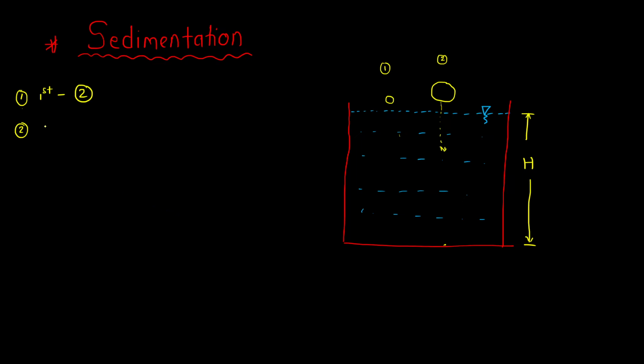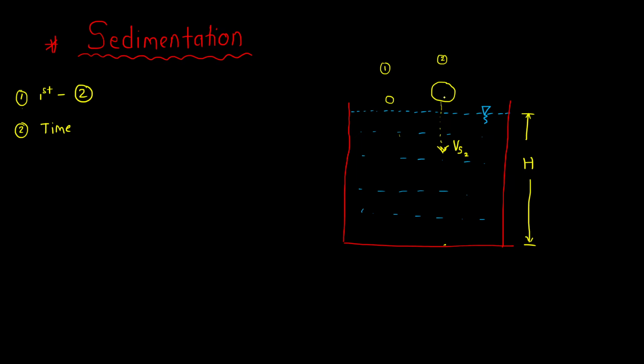Now can we calculate the time? Before calculating the time, first we have to calculate with what velocity this particle is coming down. I hope you are getting it. There are two stones we have taken. The first stone is the smaller stone, the second stone is the larger stone.